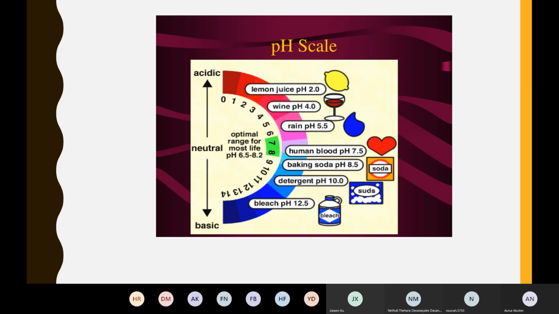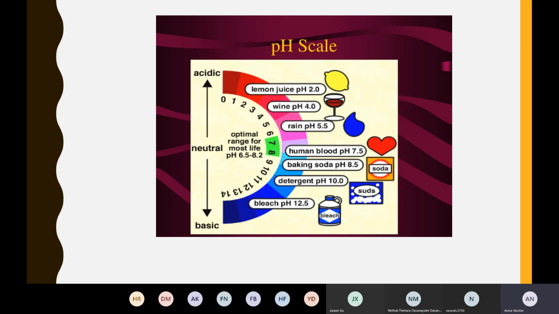Onward from 3.9, or from 4 till 6.9, is your weak acid. Okay, strong acid is from 0 till 3.9 and from 4 till 6.9 is your weak acid. Now 7 is neutral.